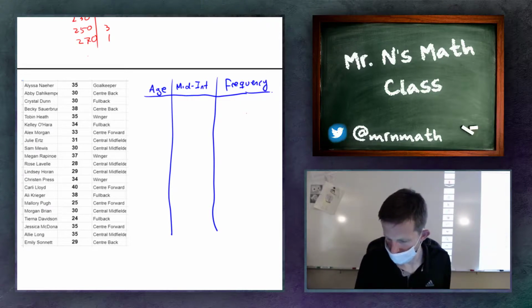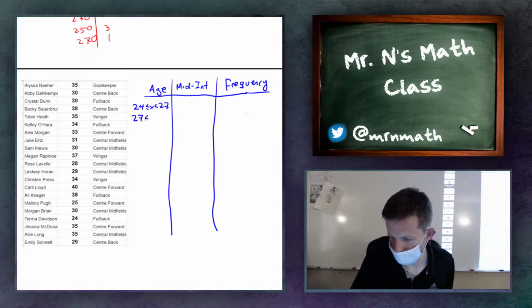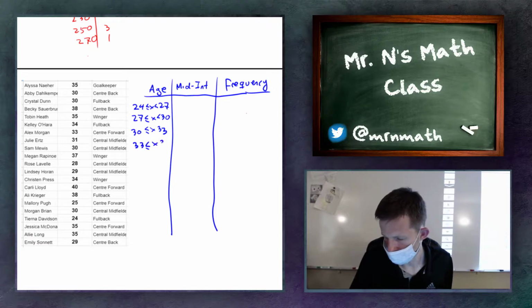All right, so let's do 24 to 27, 27 to 30, 30 to 33, 33 to 36, 36 to 39, 39 to 42.